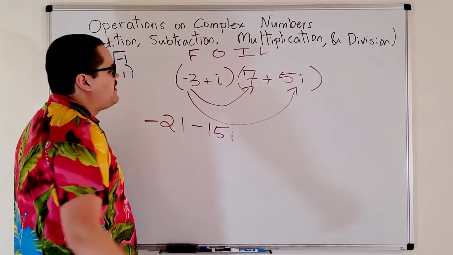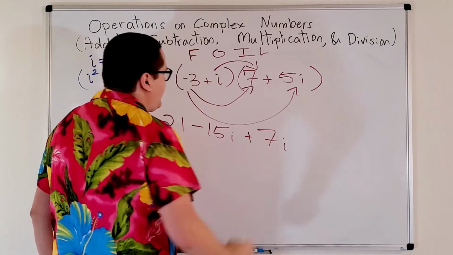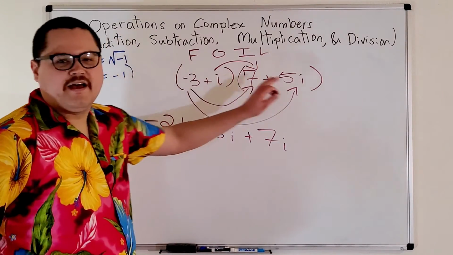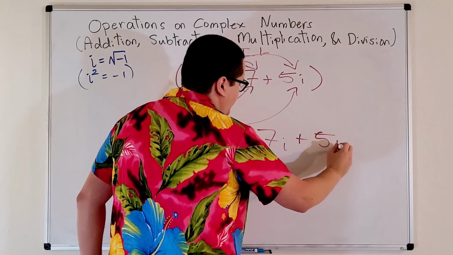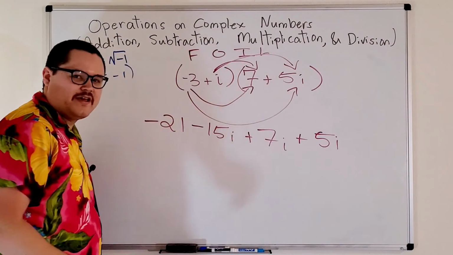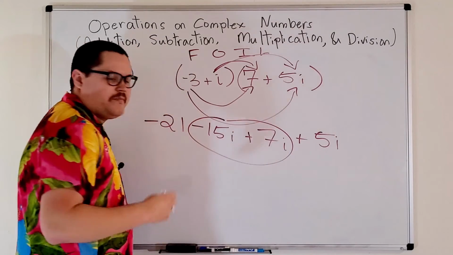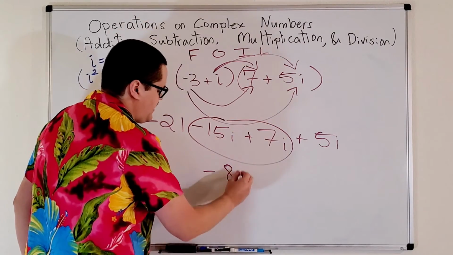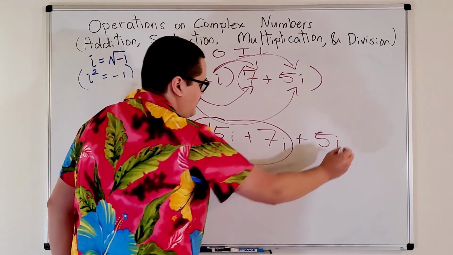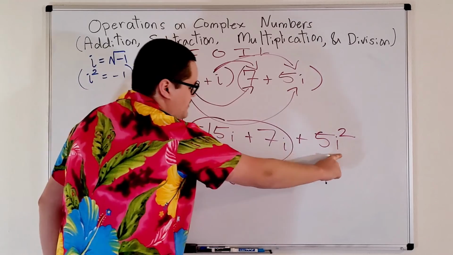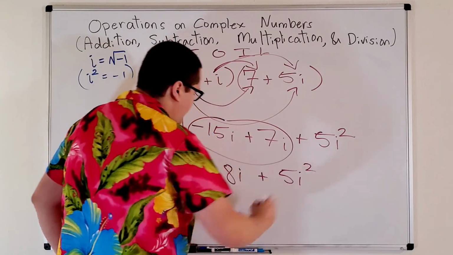The inner terms are i times 7, that's 7i. And the last terms are i times 5i, which is 5i squared. All right, combine like terms as usual. Negative 15i plus 7i, that's negative 8i. So we have negative 21 minus 8i plus 5i squared.